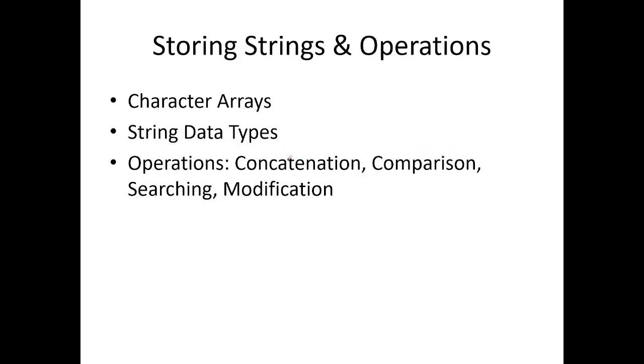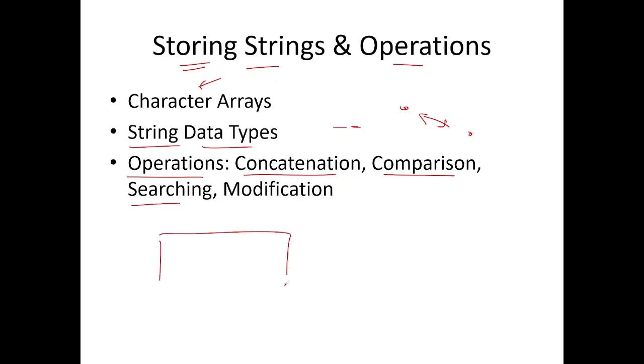Okay, now storing strings and operations. Whenever you are storing a string, you will be storing it as a sequence of characters, and you will be seeing string data types and the operations that are done on strings, like concatenation, joining two strings; comparison, where there will be two strings and you compare whether both are the same or not; and then searching.